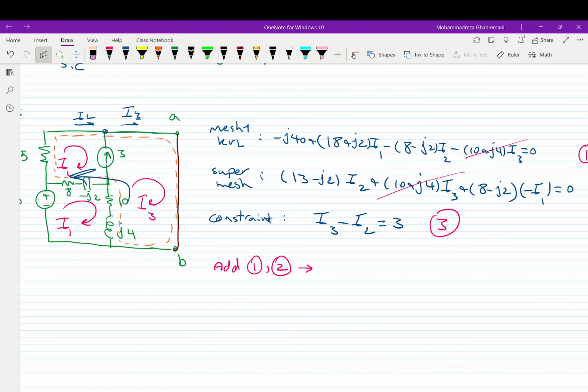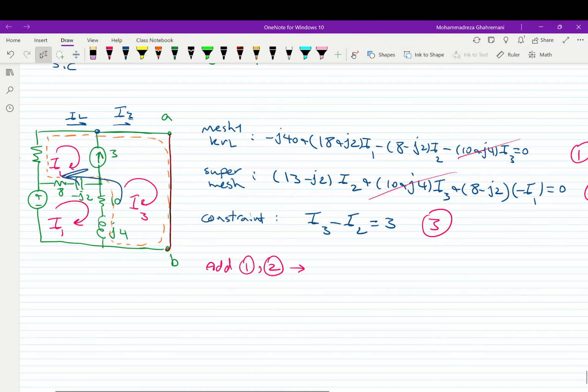When I wrote the super mesh, for I1, I'm talking about this part, I shouldn't say just 8 minus J2 because these two also are related to I1 as well.